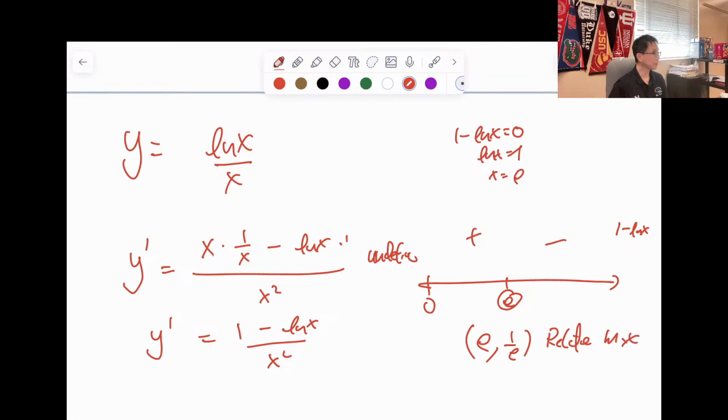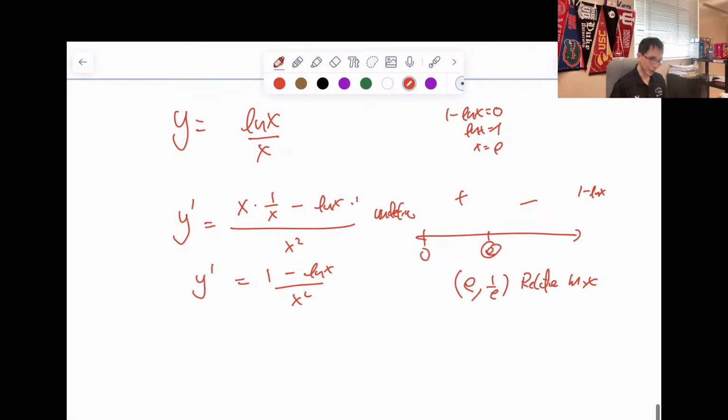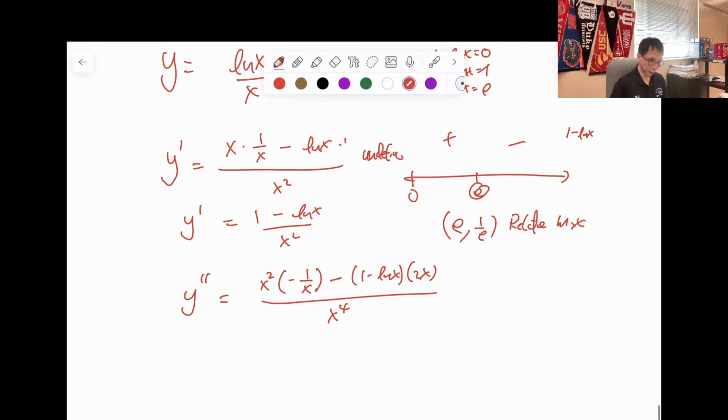Is there any inflection point? I don't know. Y double prime: low d high minus high d low over low low. This is a great question.